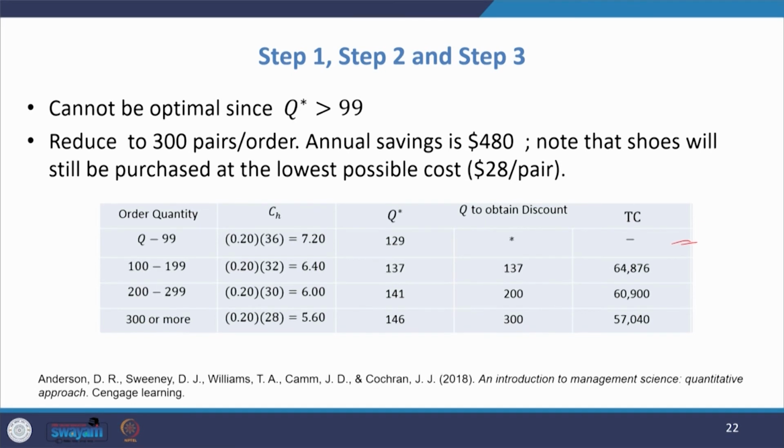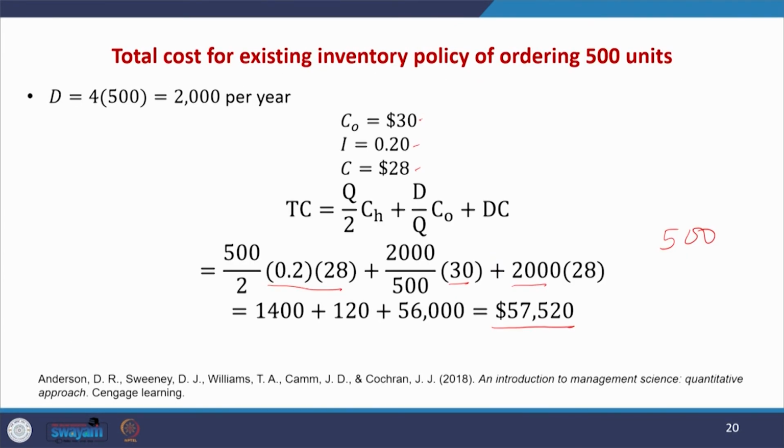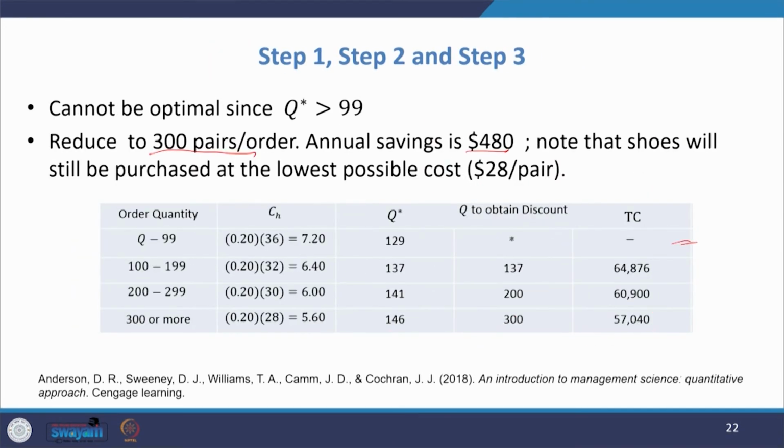instead of 500, if you order 300 pairs per order, the annual saving is 480. How did we get this annual saving of 480? So, previously what was the price? 57,520. So, 57,520 minus 57,040, the difference is $480.